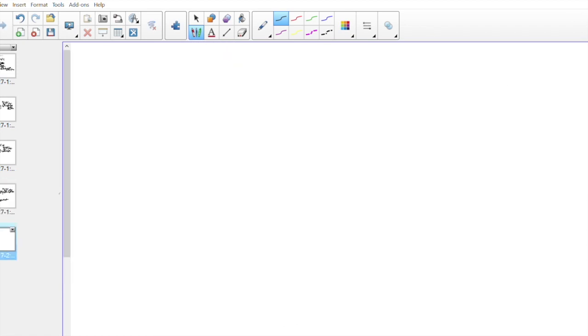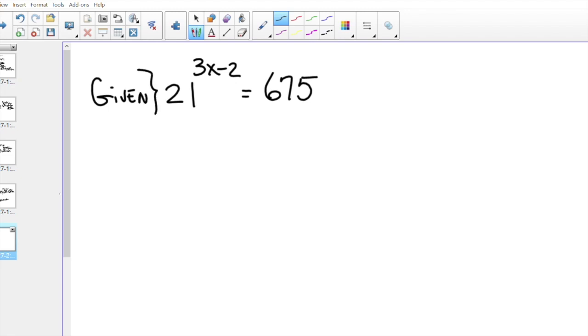Now let's try this problem. 21 to the power of 3x minus 2 equals 675. Now, you're given this, and we want to solve for x.